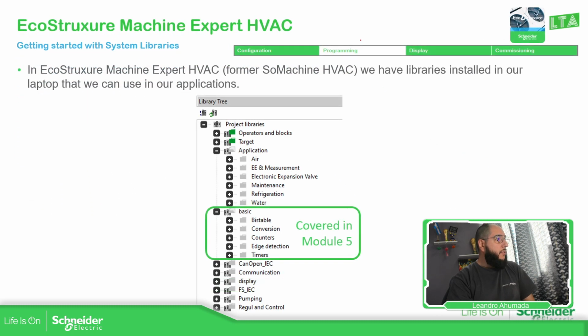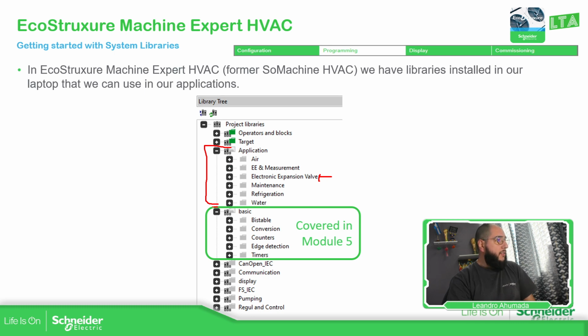So if we take a look over here on the library tree in the software, we have application, one of the folders, and we have a specific application for the HVAC segment. We also have the expansion valves, the M172, the electronic expansion valve that we can configure to control the valves using the expansion modules that we have.